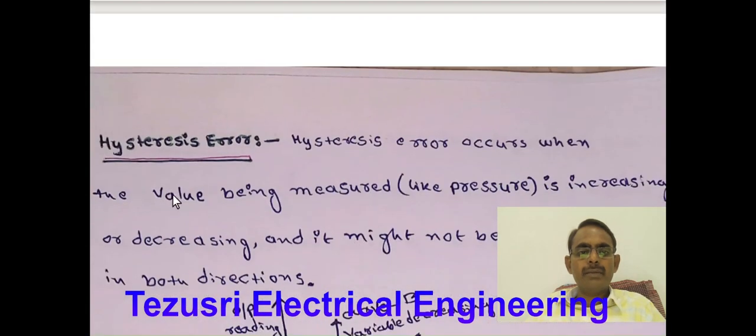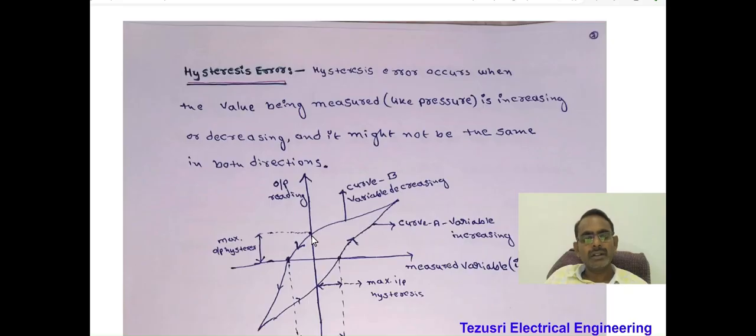Next, the important static errors. The next important static characteristic is hysteresis error. Hysteresis error occurs when the value being measured is increasing or decreasing, and the reading might not be the same in both directions.